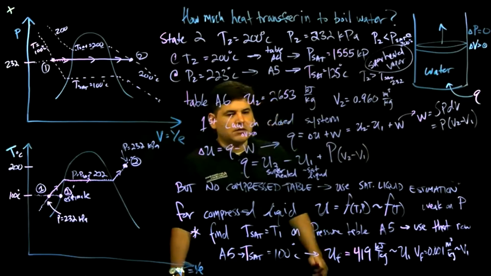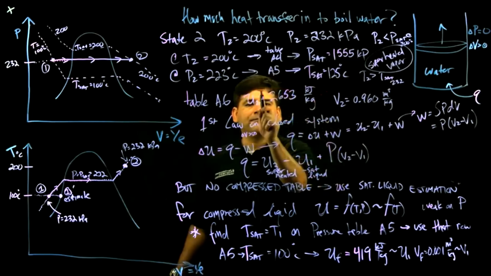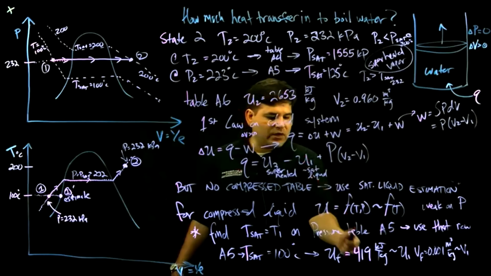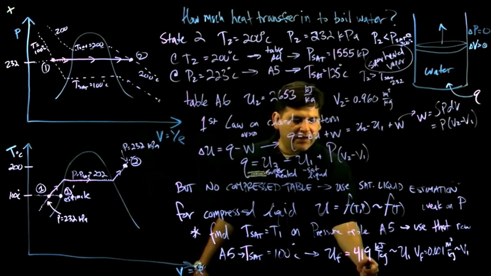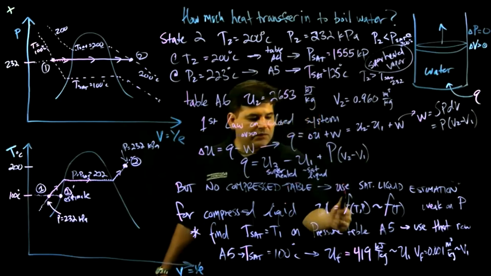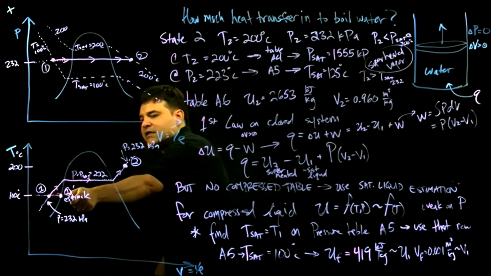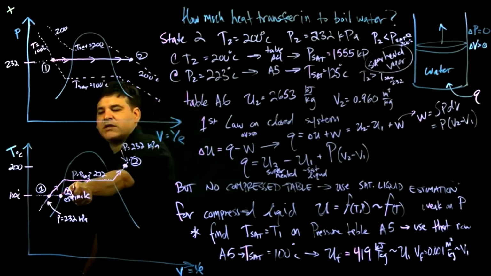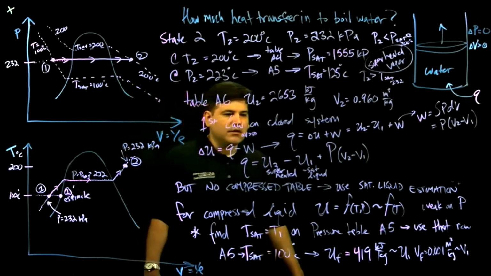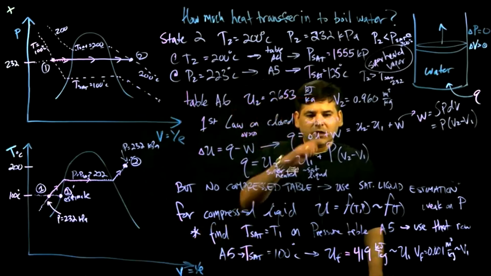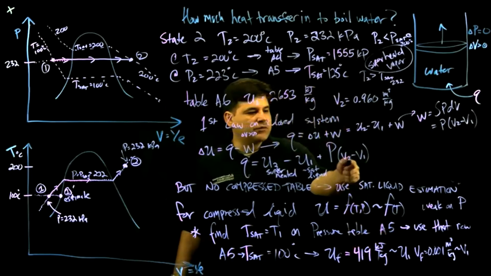Cool. We know superheated internal energy. We found that from the steam table. We know saturated liquid internal energy. We found that from the saturated liquid table. And this is a good estimate for the compressed liquid that it actually is. We just pulled from the saturated liquid to get a similar answer. It's basically the same if you can check it out. And we know the volumes as well.